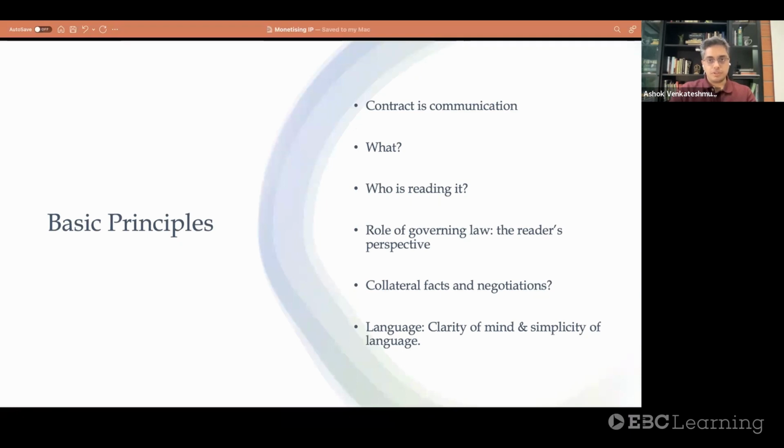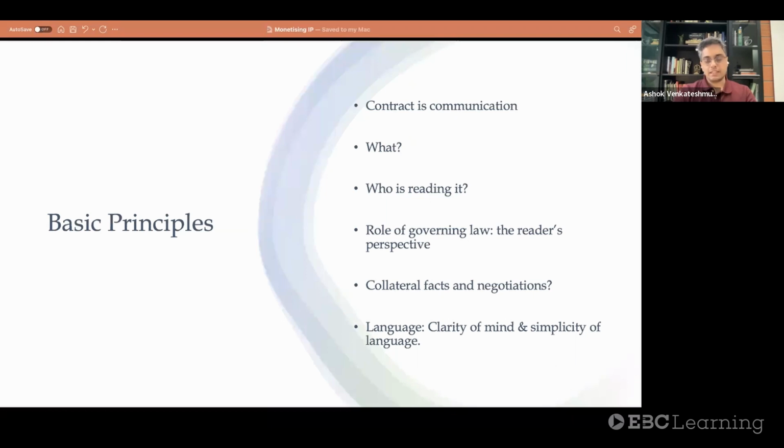The moment we understand a contract as a document that conveys a story, or is meant to send across a message to someone, we have to be mindful of one thing: how will the person reading the communication be able to understand and make sense of what is being said within the document itself? This is a very critical principle to remember: first and foremost, contract is communication.